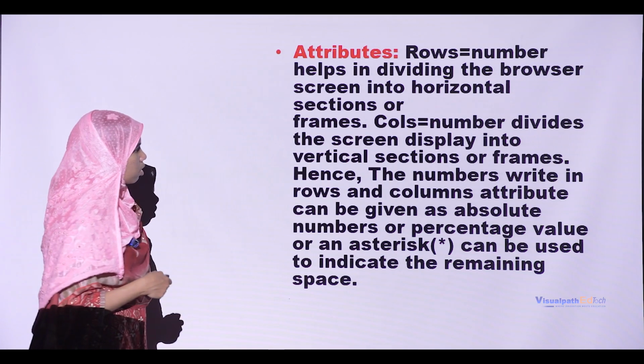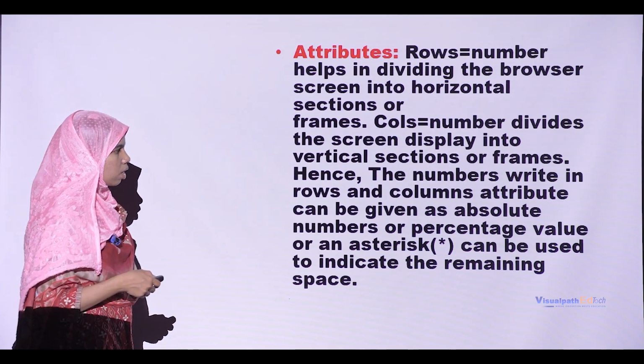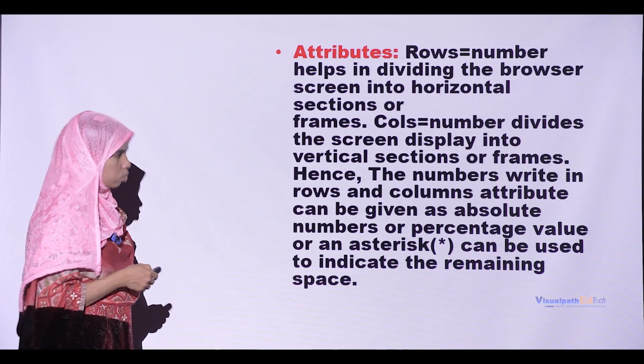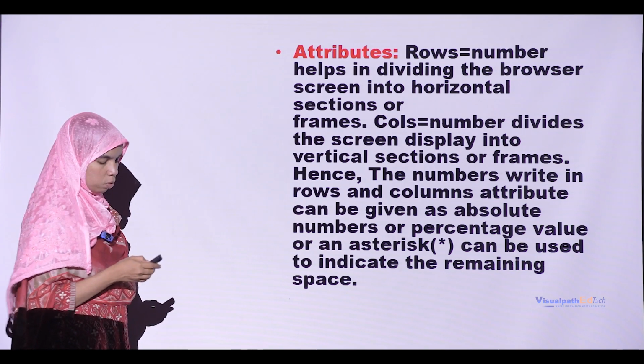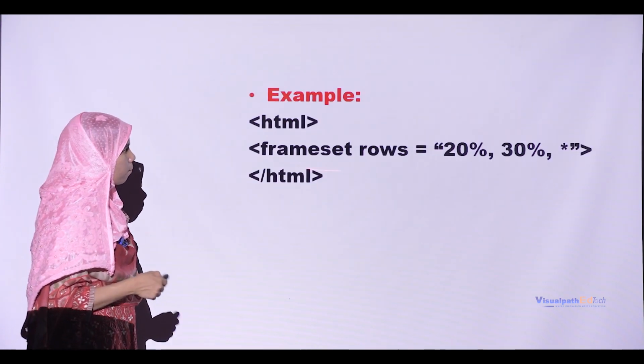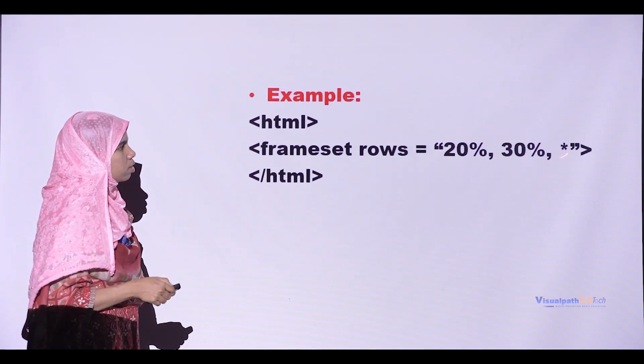The number of rows and columns indicates the number of sections we are dividing into here. An asterisk can be used to indicate the remaining space. Okay, so we will give a percentage to divide the screen into frames. You can see here, frameset rows 20%, 30%.